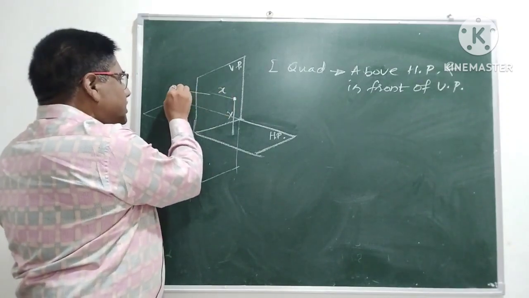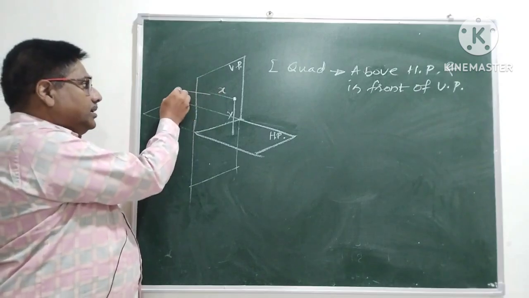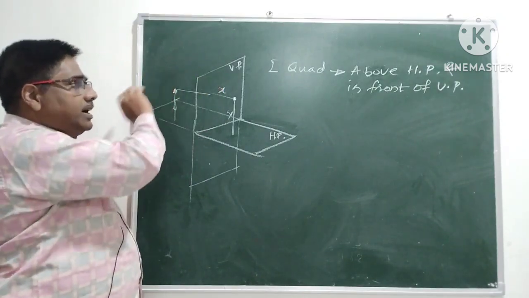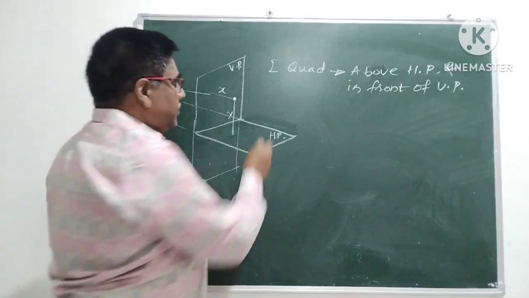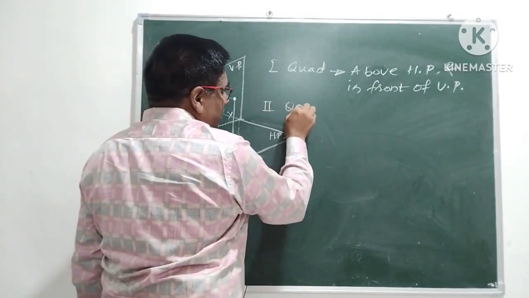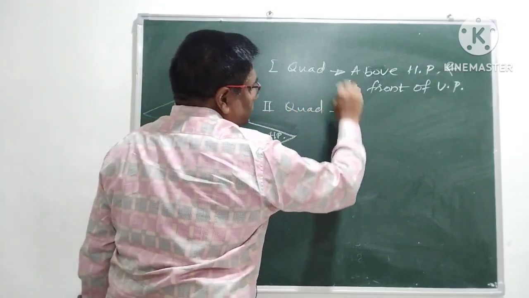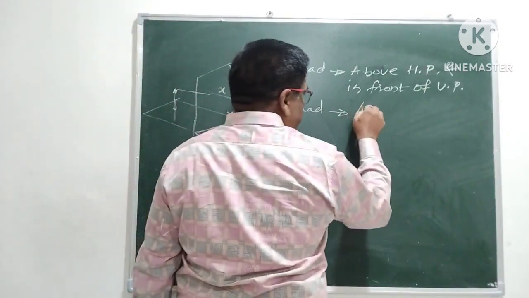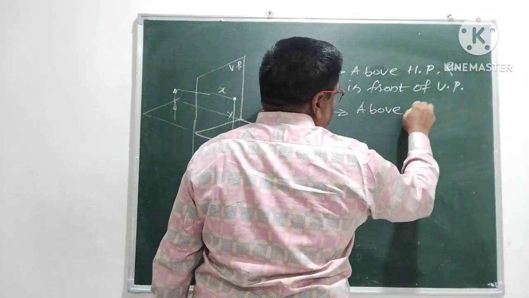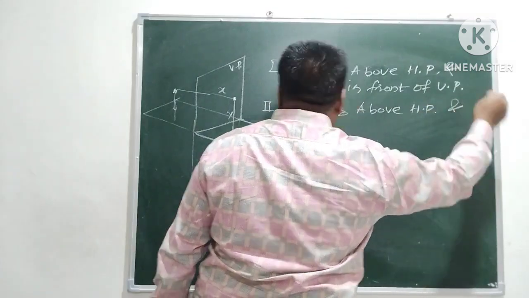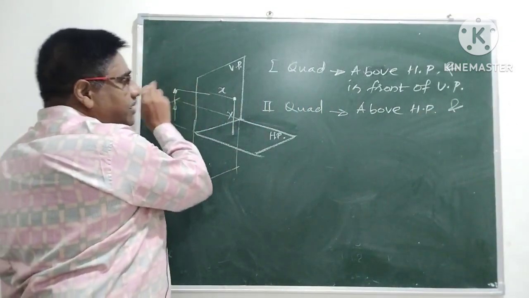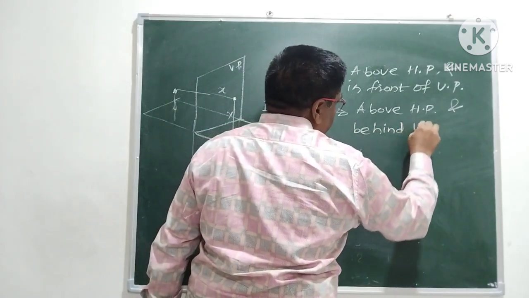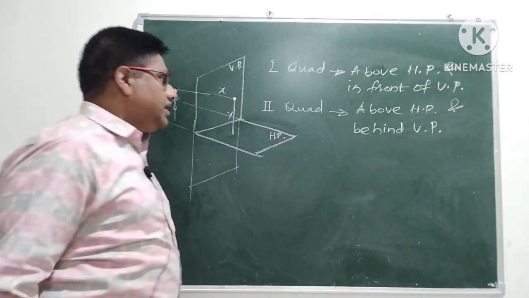It is how much behind VP. Now if the point is in the second quadrant, it will be behind VP. Therefore, for the second quadrant, the specification should be like this: above HP, and behind VP.